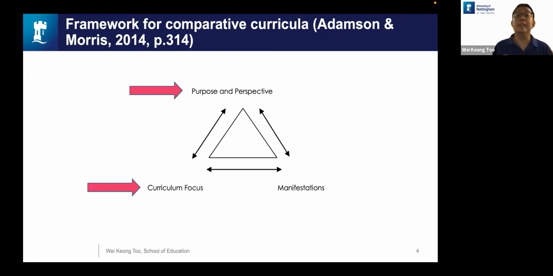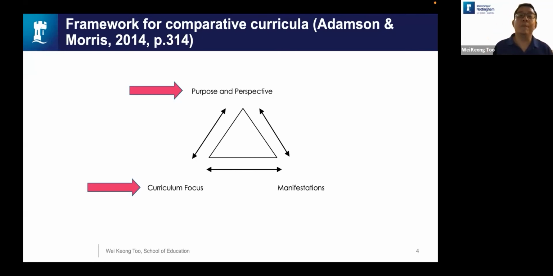First, on top is purpose and perspective, followed by curriculum focus, and third, manifestation. They said that these three must be positioned at three different points, and they influence each other.